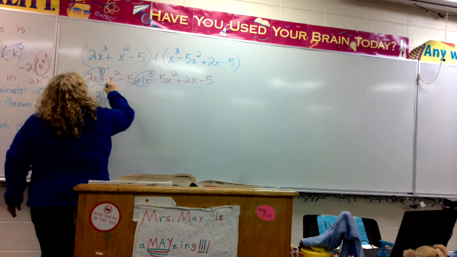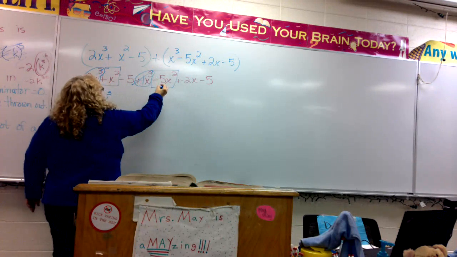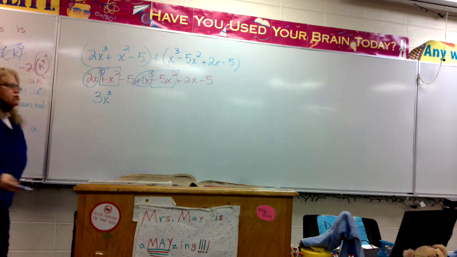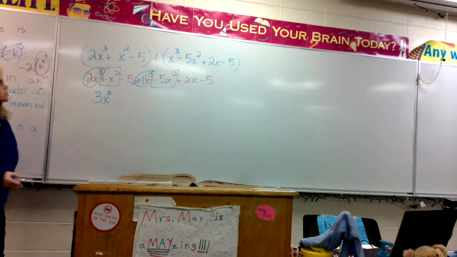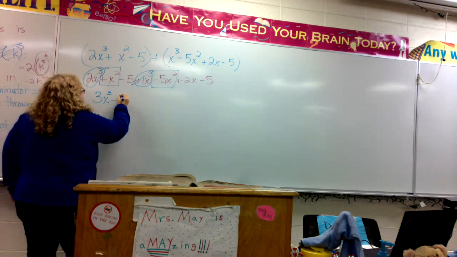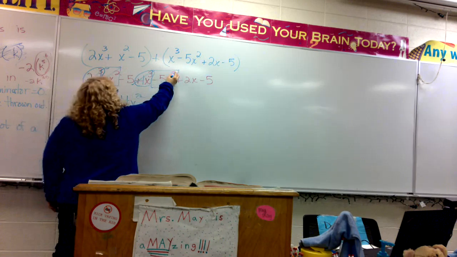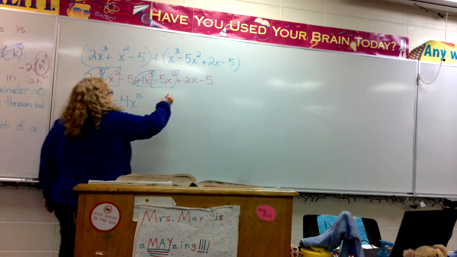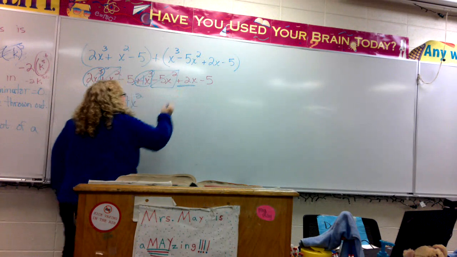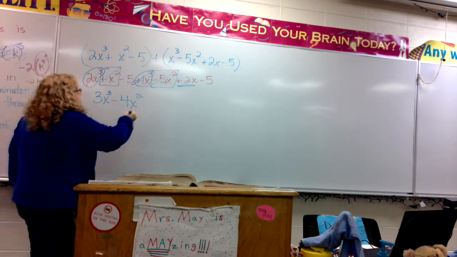So that takes care of those. Next is x squared, here and here. Negative 5 of those and plus 1 of those. Negative 5 plus 1, negative 4x squared. That takes care of x to the second. My next exponent is x to the first, but I only have 1 of those, right? Only 1 to put it with.